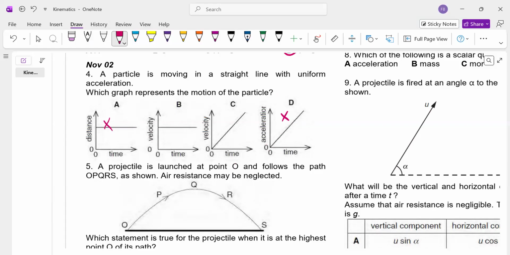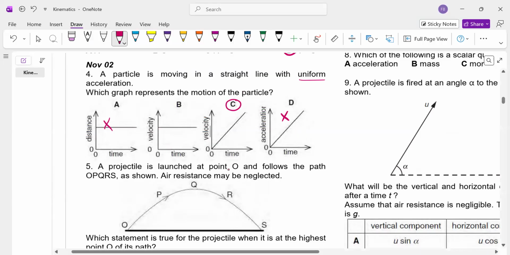You get acceleration from the gradient of the velocity time graph. Now you have two options, B and C. They are saying uniform acceleration. It's C, because B is for constant velocity.